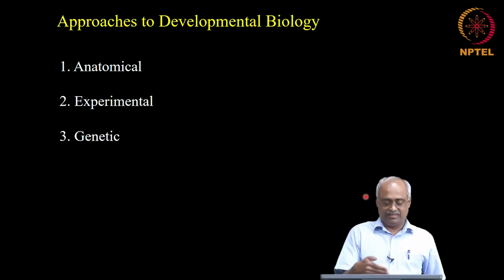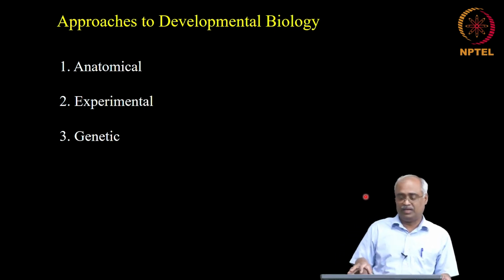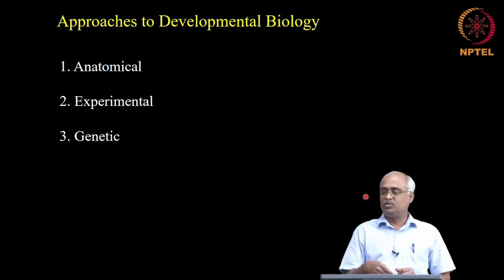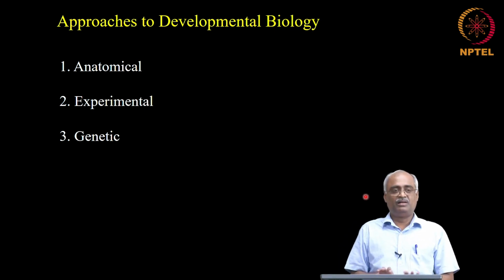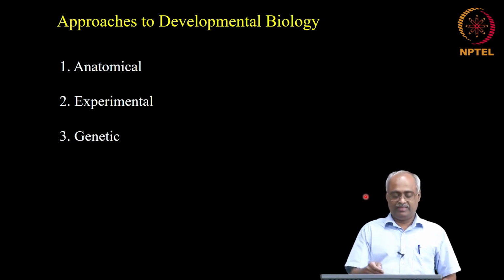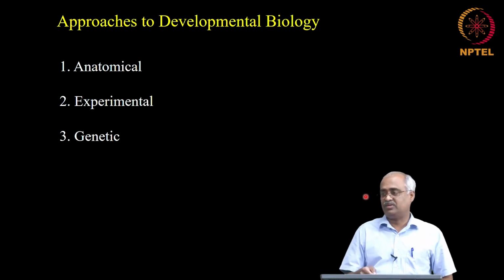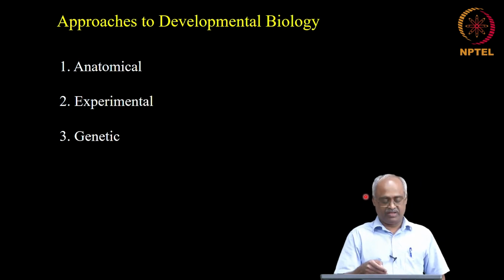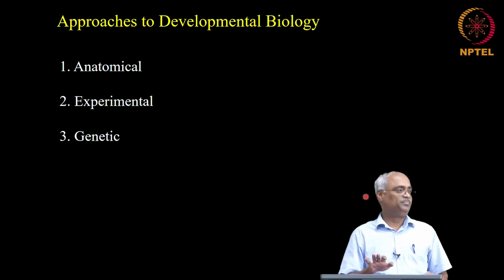You might think that is the approach that is predominating now, but the other two are also intertwined with this. All three are being pursued as of now, but they are sort of historical. Okay, initially it is anatomical that gave rise to experimental, then later genetics, and now it is a combination of all three. So these are the major experimental approaches to understanding development. Okay.